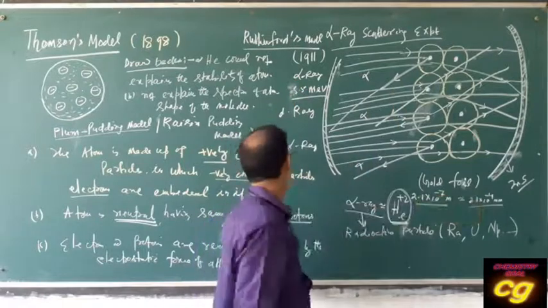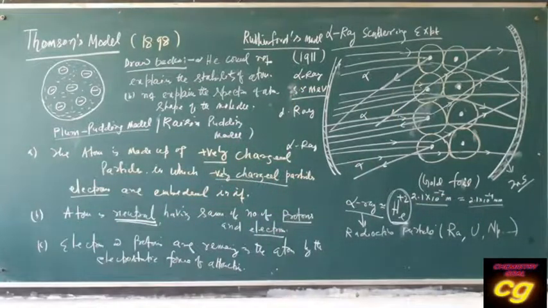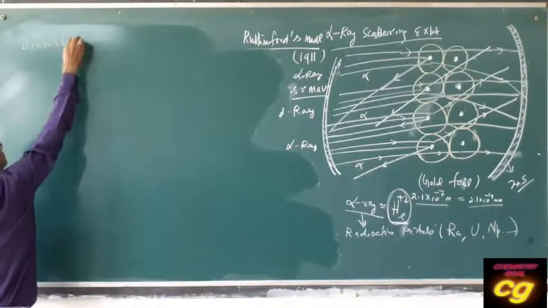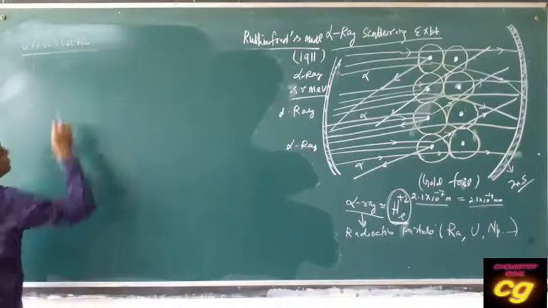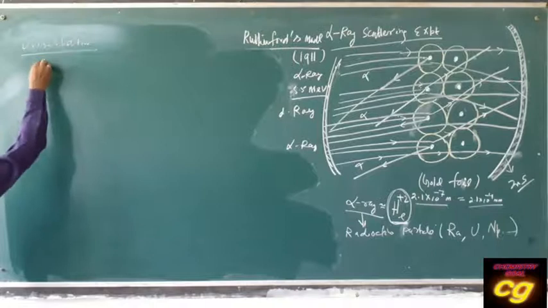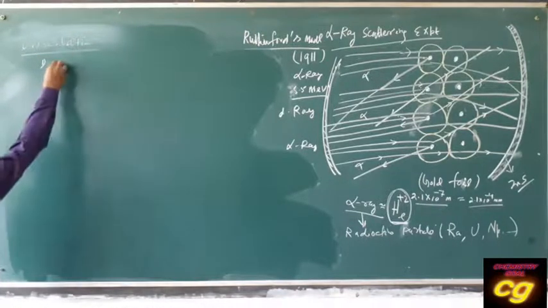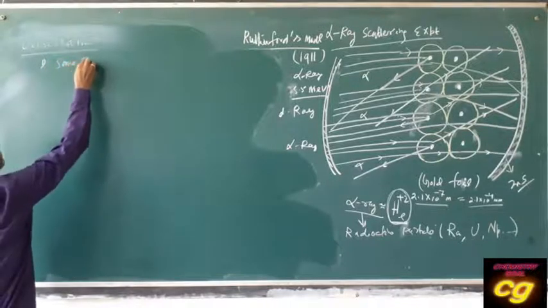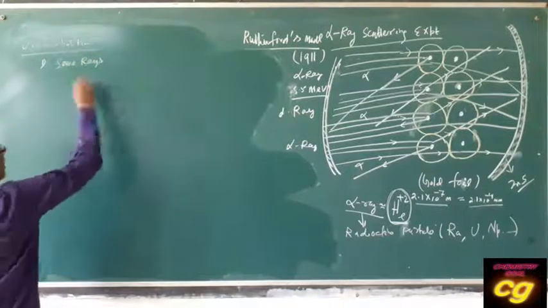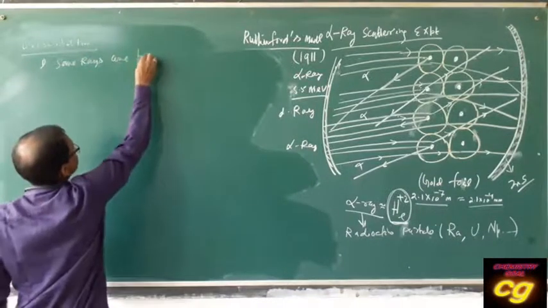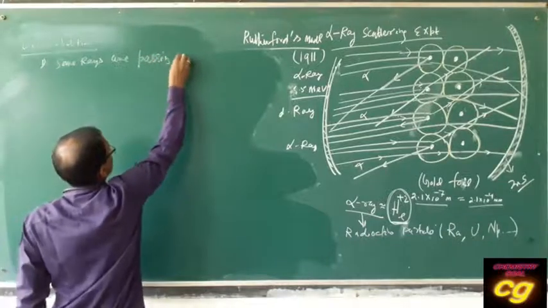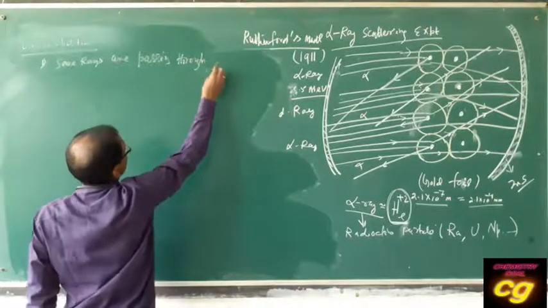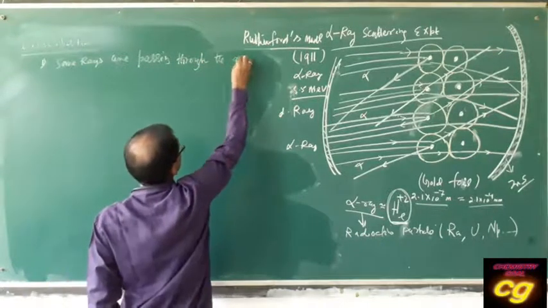What is the observation? First observation is, some rays are passing through the gold foil.